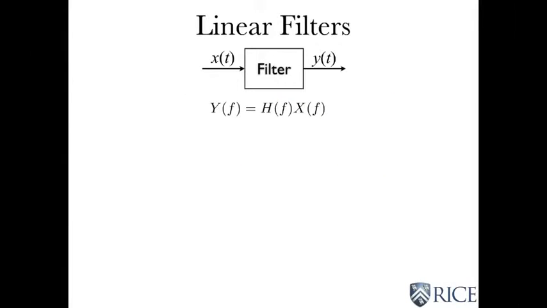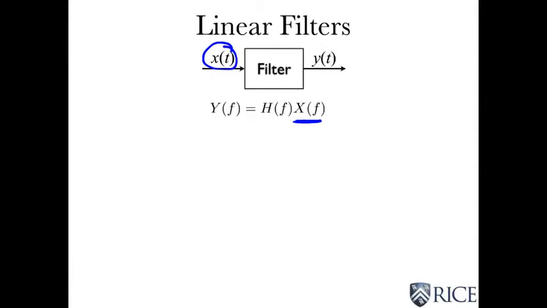Okay, let's start filtering. I think it's pretty easy to see that the integral of a signal is just a sum. So we're summing up complex exponentials to create our signal x of t.